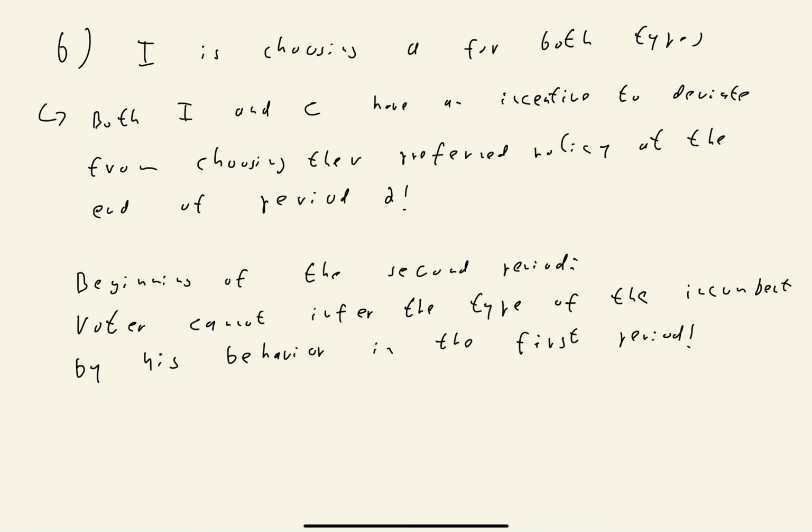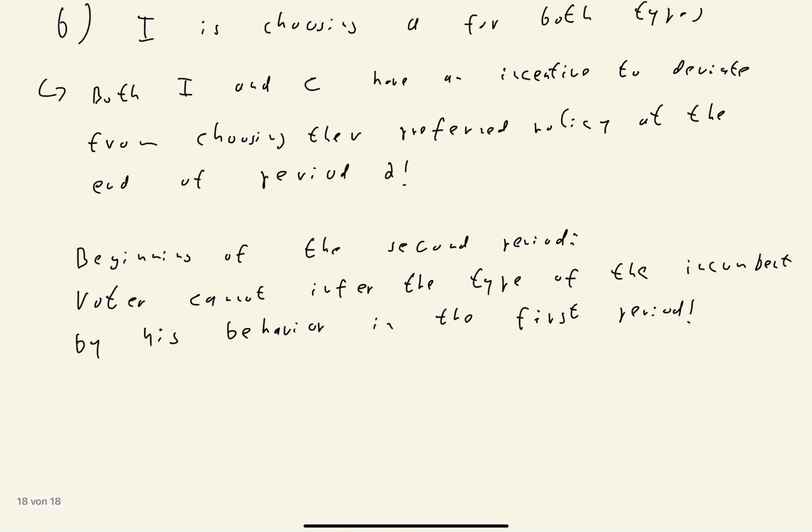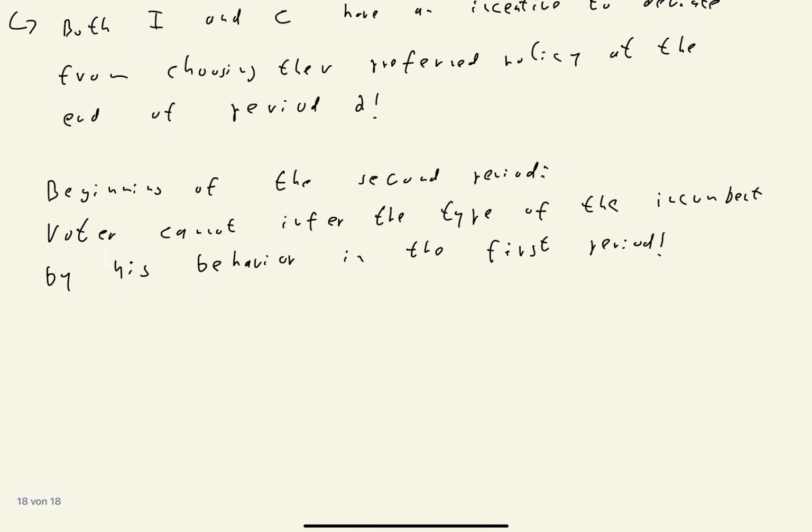Now that's an issue because, if the voter is not able to infer the type of the incumbent given his behavior in the first period, all that he can do is rely on his ex ante beliefs.